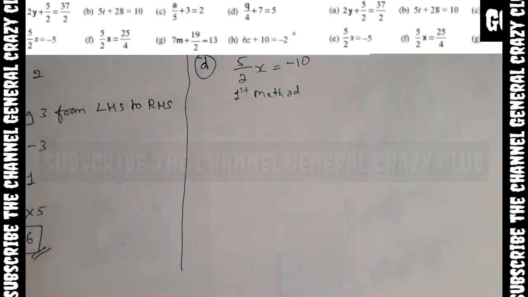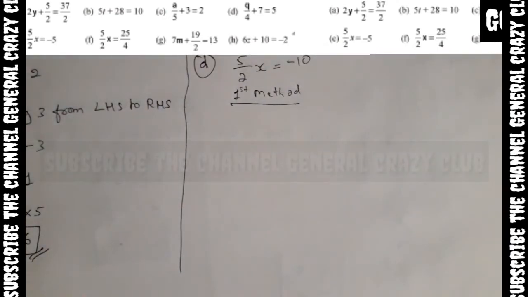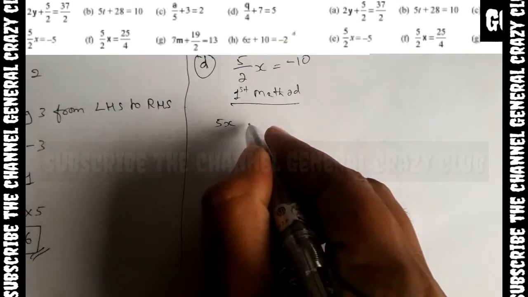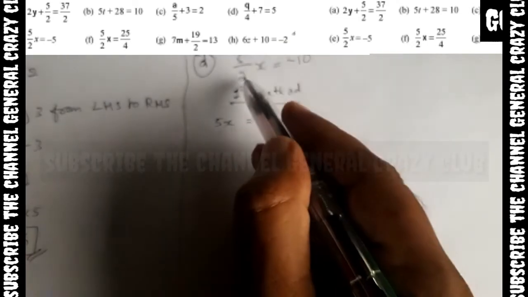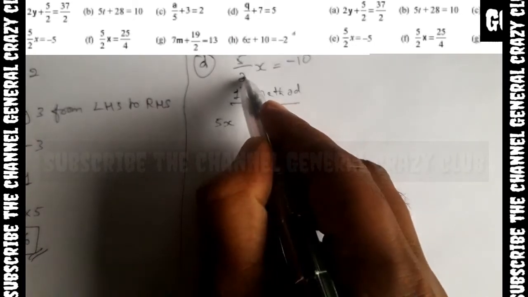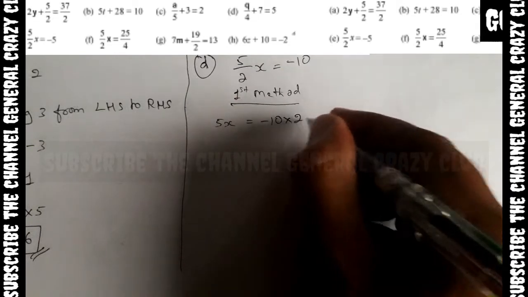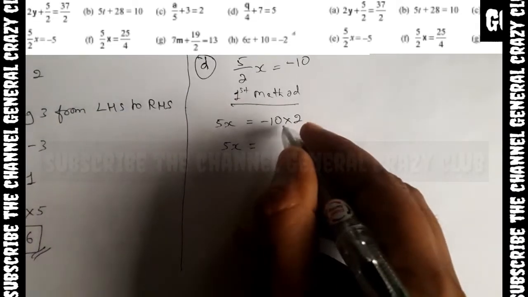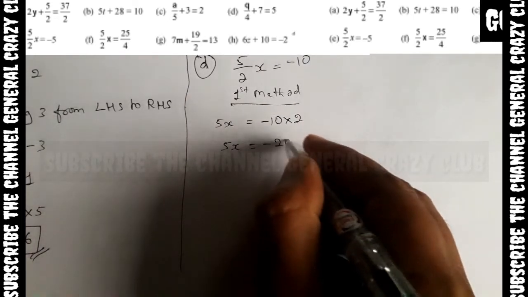Whichever you want, you choose it. First method, 5x as it is, is equal to minus 10. We are transposing here 2 from LHS to RHS, into 2. 5x is equal to minus 10 into 2, minus 20.